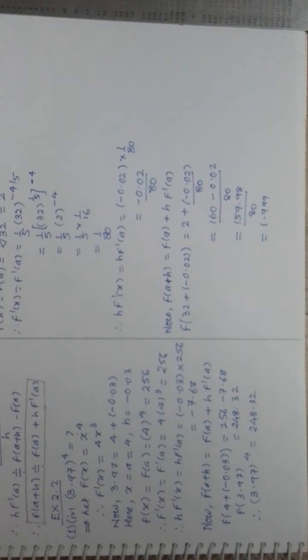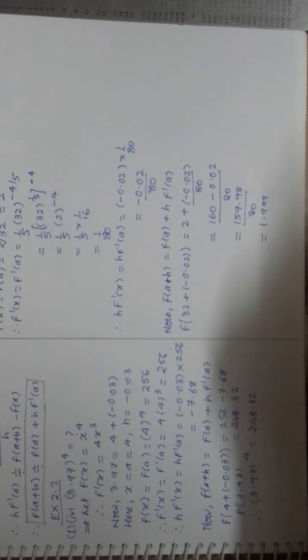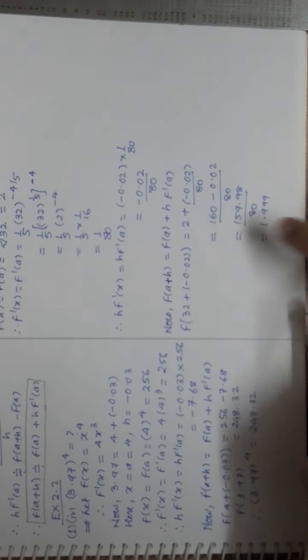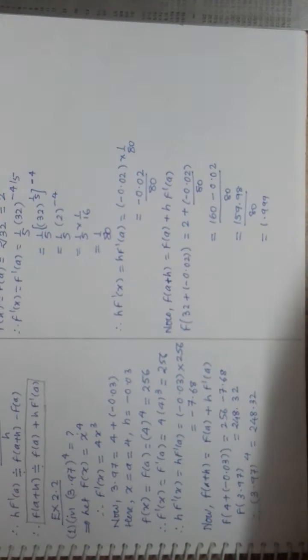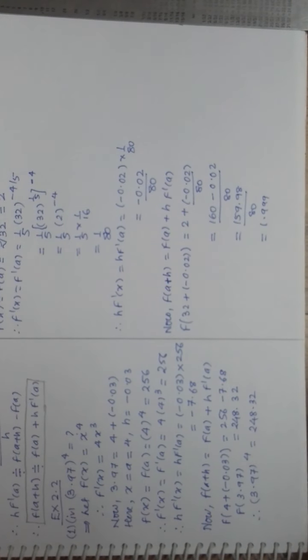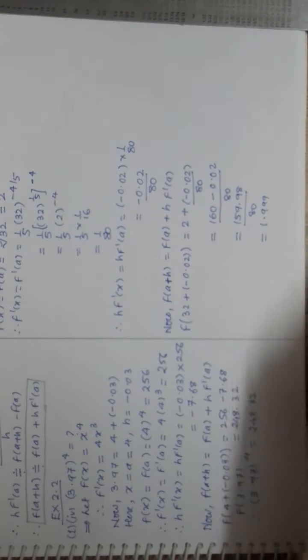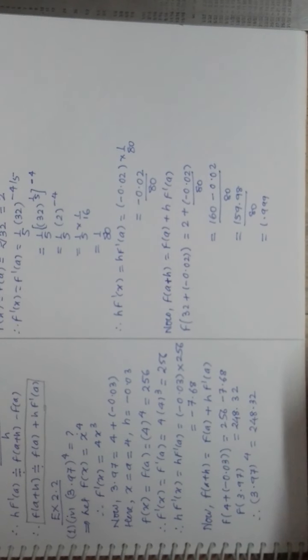Sorry again, you were not able to see the lower part, so I will repeat it. This is 2 plus h into f dash a, given as minus 0.02 upon 80. Cross multiplication will give you 160 minus 0.02. Subtraction is 159.98 divided by 80. So that becomes 1.99975, but that is not so important.